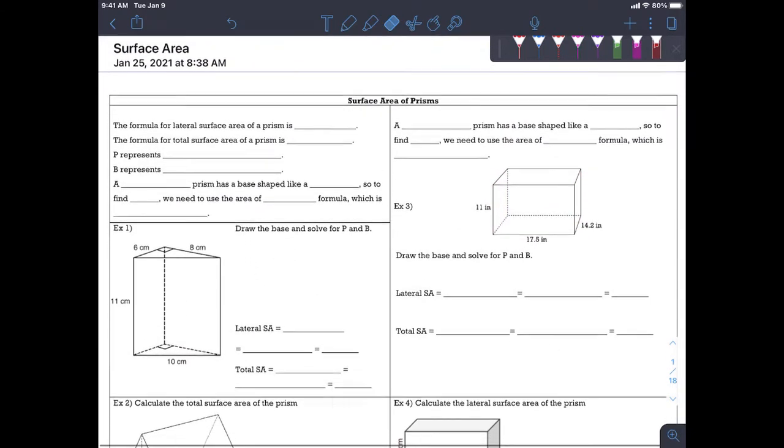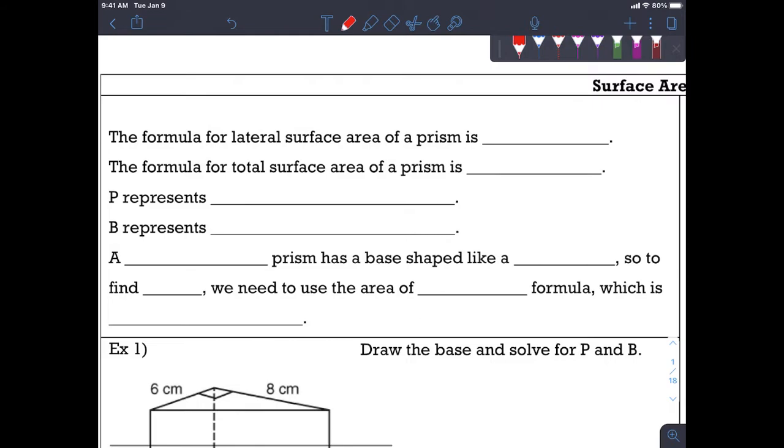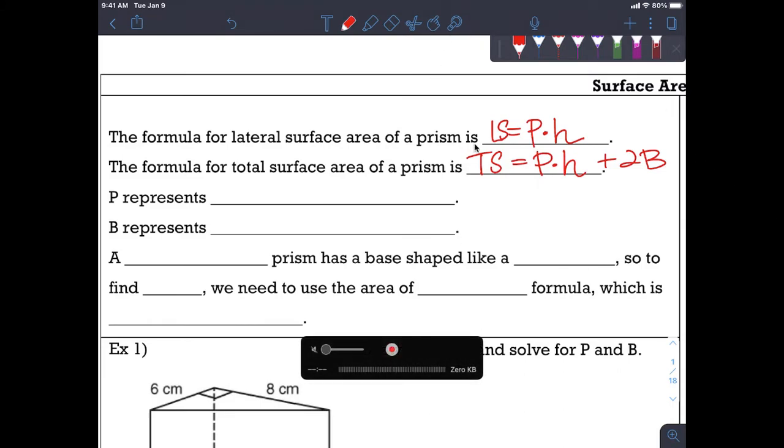For any prism, triangular prism, rectangular prism, the formula for lateral surface area is P times H. The formula for total surface area is PH plus 2 capital B. Noticing that this is just me adding my lateral surface area with the area of my base, but both of them.